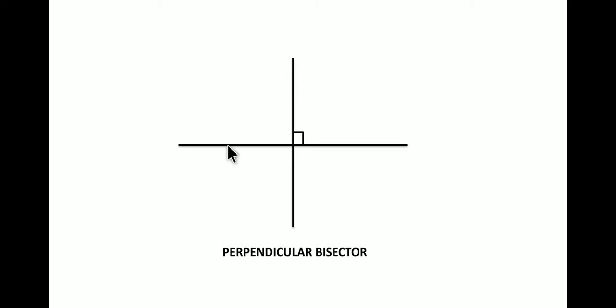And if the two lines are perpendicular to each other in such a way that this portion from here to here is equal to this portion from here to here, sorry, this line from here to here is equal to this line from here to here, that means the line is divided by the perpendicular equally into two halves, this is the perpendicular bisector.